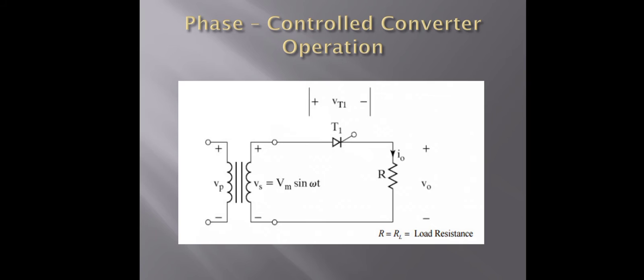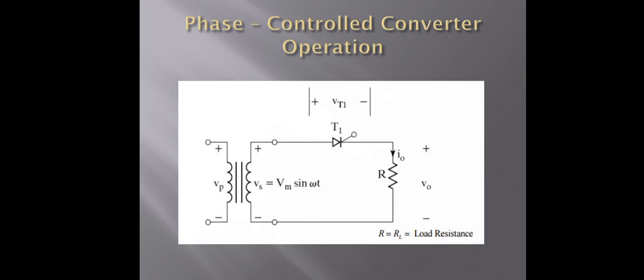During the positive half of the input voltage, the thyristor anode is positive with respect to the cathode, and the thyristor is said to be forward biased. Then at omega t equal to alpha, the thyristor T1 conducts, and the input voltage appears across the load.